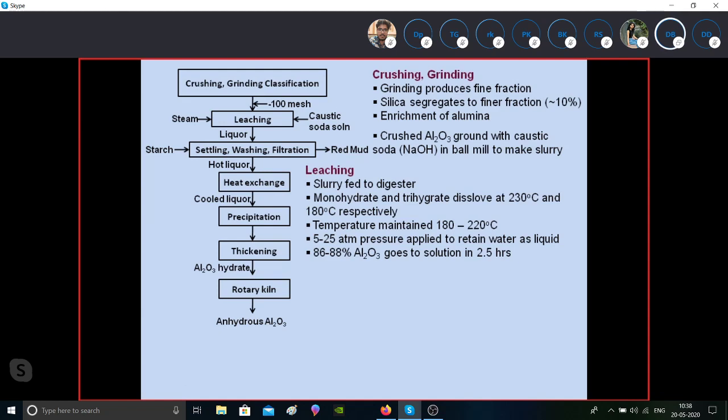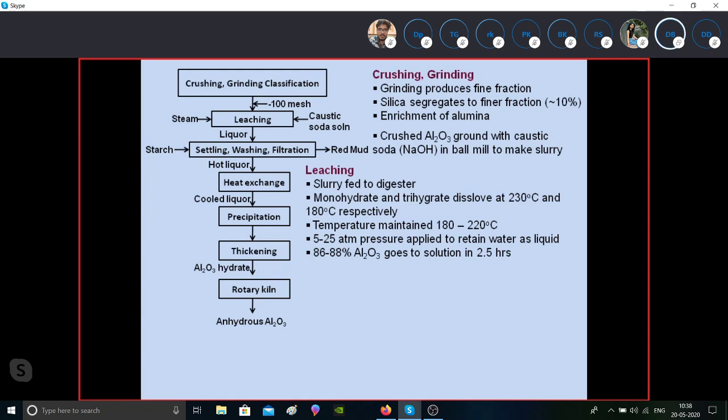Because for monohydrate, the dissolution temperature is around 230 degrees centigrade and it takes around 3 hours. Whereas for trihydrate, the gibbsite I'm talking about, it takes around 180 degrees centigrade and around 1 hour.